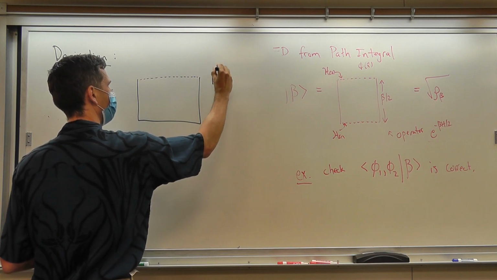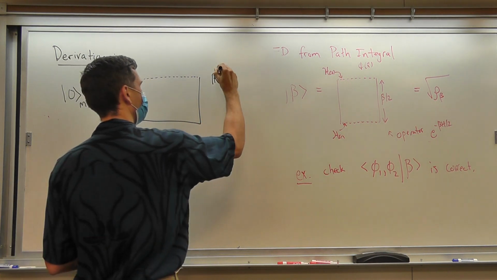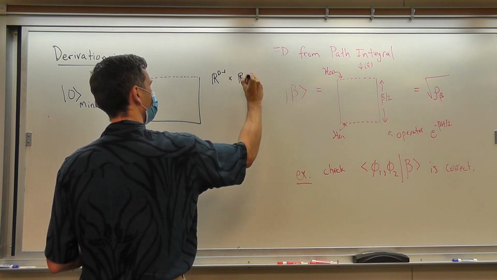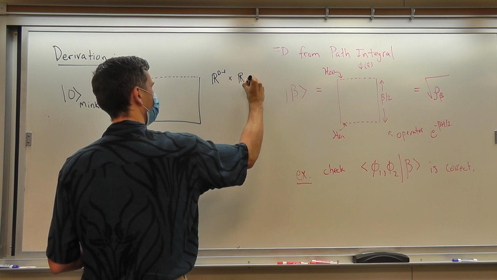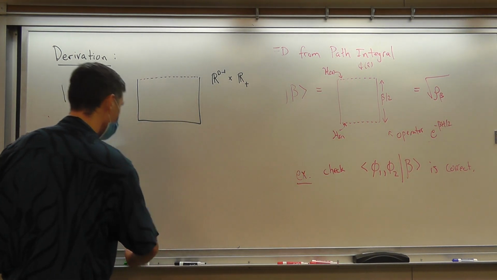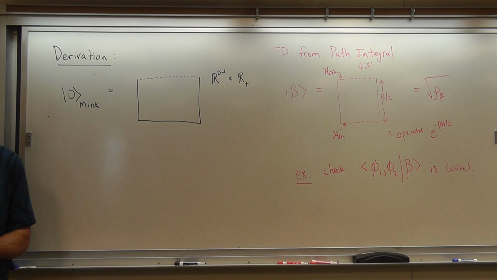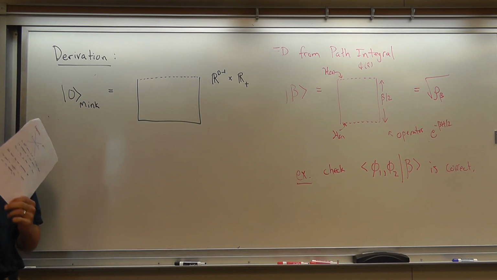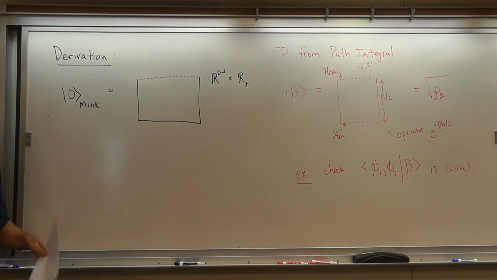It's the path integral on R^(D-1) times the half line. So path integral on the lower half plane in 2 dimensions. And now we're done. Okay, so we're just going to take this path integral and reinterpret it.